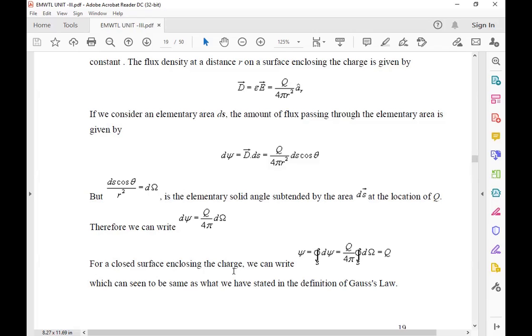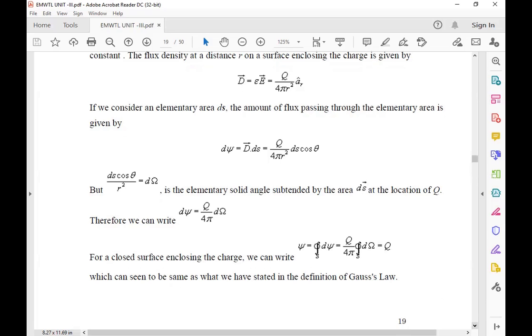Whatever closed surface we take, the flux lines leaving the surface are equal to the charge inside the closed surface. Leaving the surface is psi, and the charge enclosed by the surface is q. So psi is equal to q.